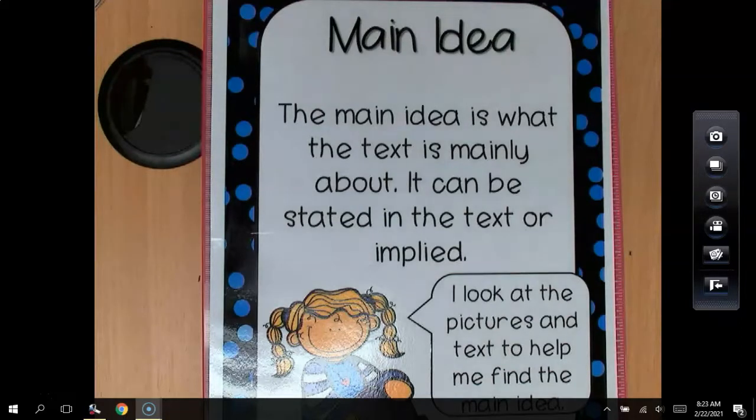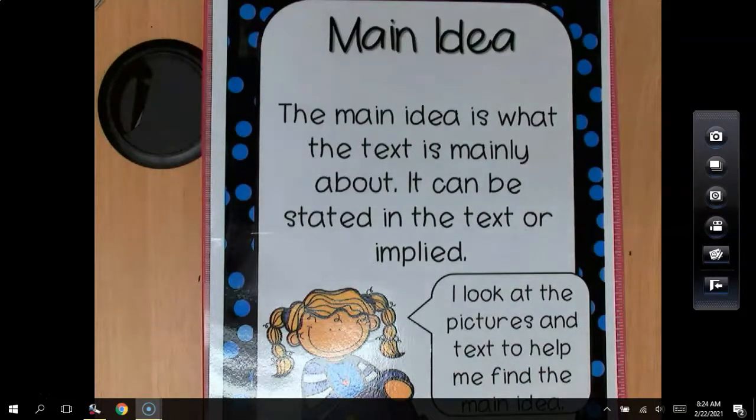Now, we're going to be talking about main idea and details. This is something that we've already talked about when we read the story Penguin Chick. Remember that main idea is what the text is mainly about. I always like to say it's what it's mostly about. Most begins with M and main begins with M. So it's what the story is mostly about.